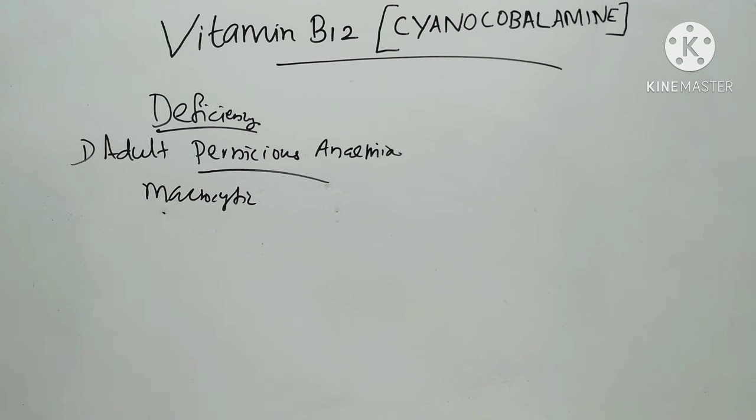It shows mucosal atrophy of stomach, then glossitis, stomatitis and pharyngitis, then achlorhydria, degenerative changes of posterior and lateral columns of the spinal cord, resulting in ataxia and paralysis.